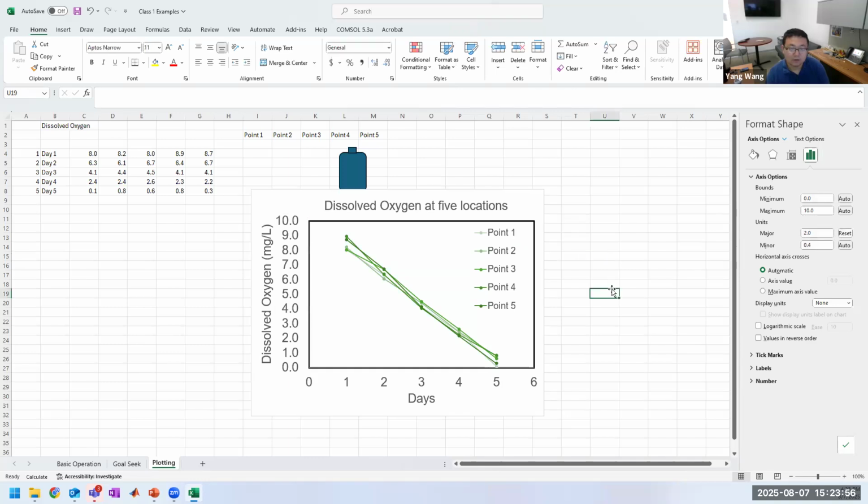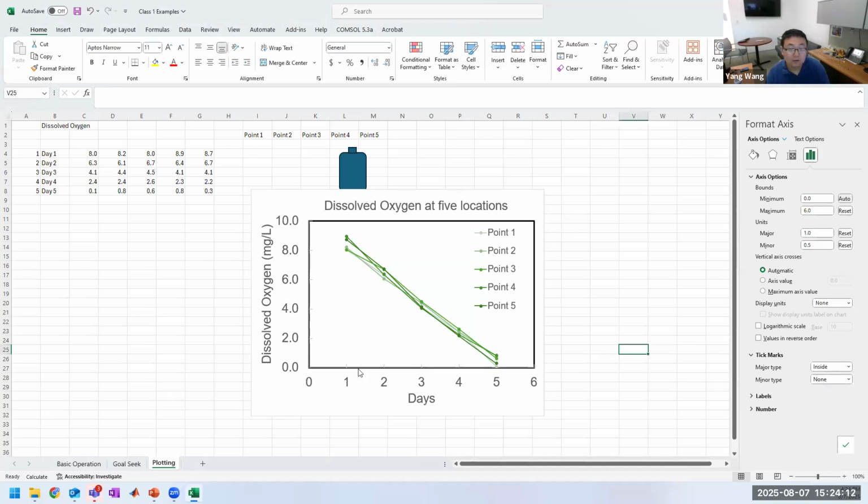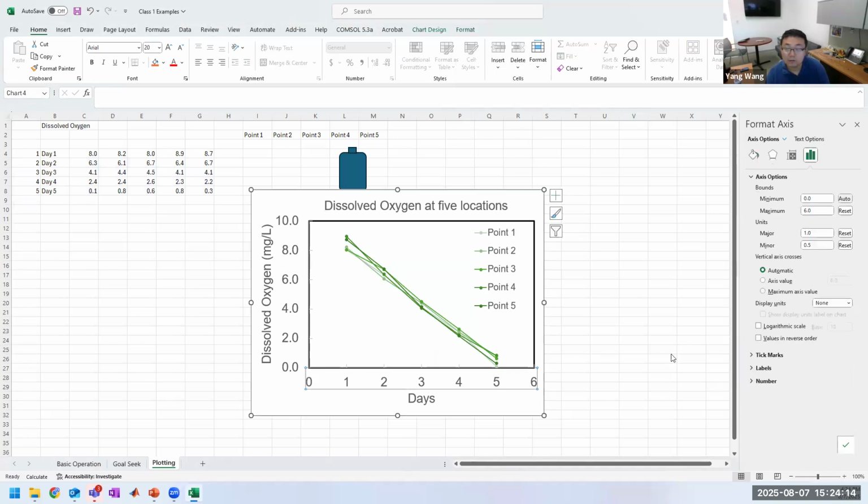So instead of 1, you can use 2, right, to separate it out. And then the tick marks, the major type, you can use inside or outside, right? Let's use the inside ticks, and then also inside ticks, so you can tell how the ticks look like.